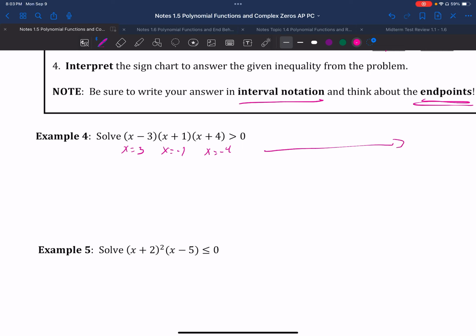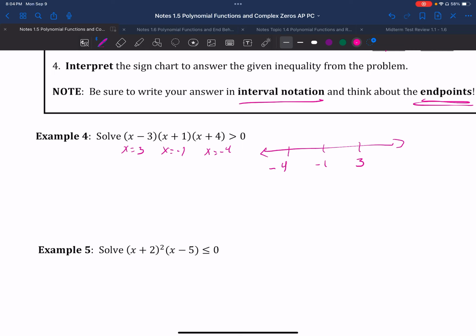When I draw my number line, I will have 4 different intervals to work with, because you always have one more interval than the number of zeros. After that, I'm going to put them in order. So -4 is going to be the smallest, then -1, and then 3. For this one, I'm going to show you all the steps that you need to do, and after that, I'll start using shortcuts once we know where the numbers are coming from.